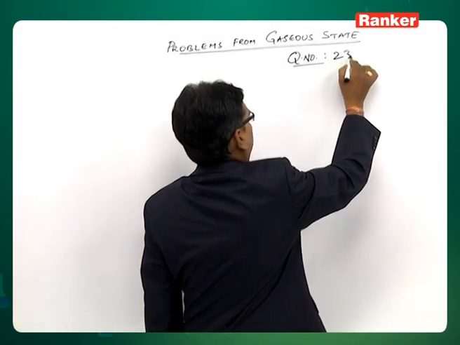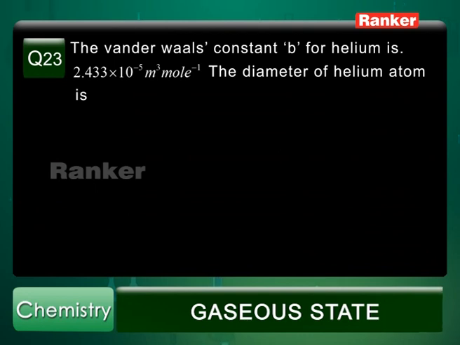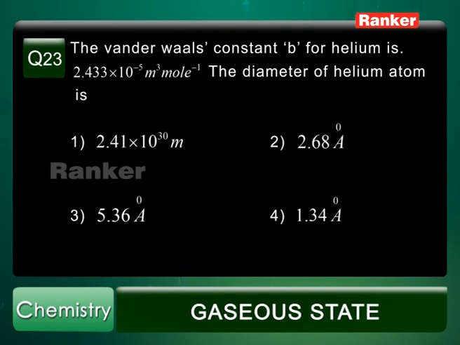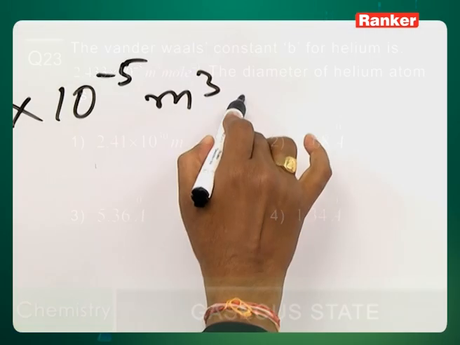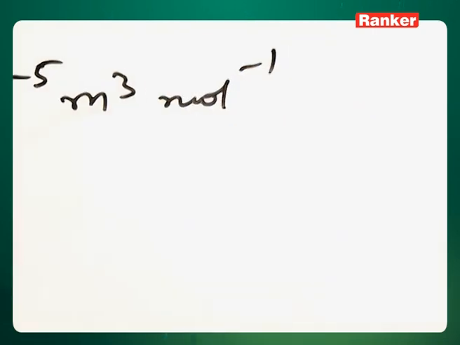Now, question number 23. The question is about the van der Waals constant B for helium. The van der Waals constant B for helium is given as 2.433 into 10 power minus 5 cubic meter per mole.